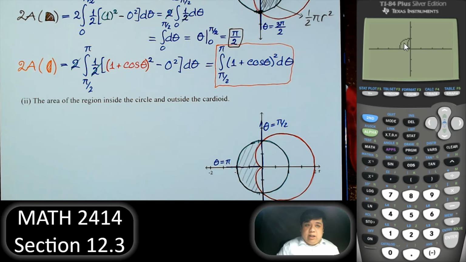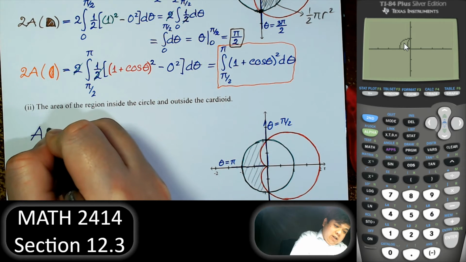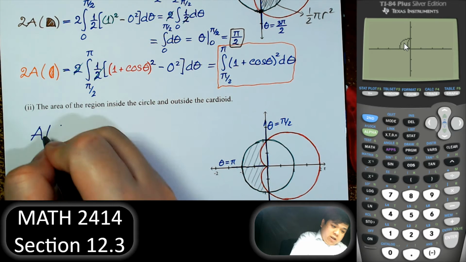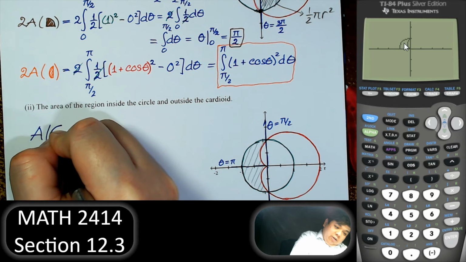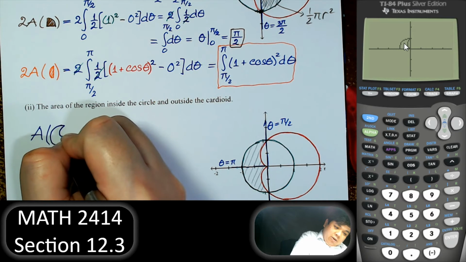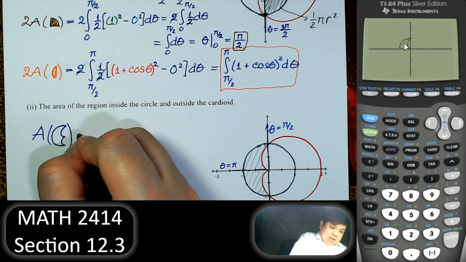So we're trying to find the area. Right, so again, I'm going to draw that instead. So the area of that. How do we draw this? Okay, outside the circle, and then the cardioid. Right. So trying to find the area of that.